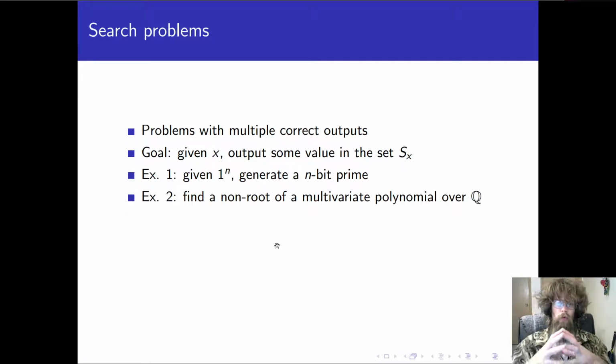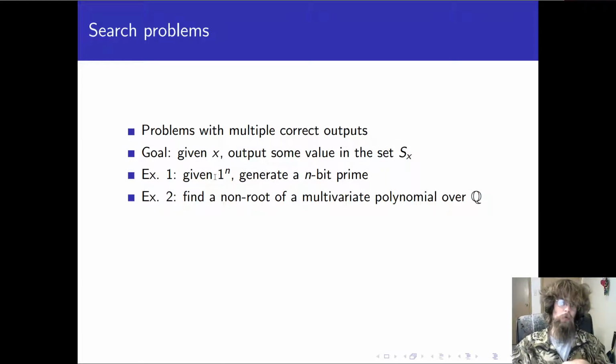So we're going to be focused on search problems and function problems. So we've got problems with multiple correct outputs. You want to compute one of them. So we're going to use Sx to denote the set of acceptable outputs for a particular input x.